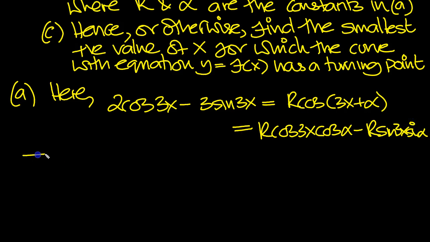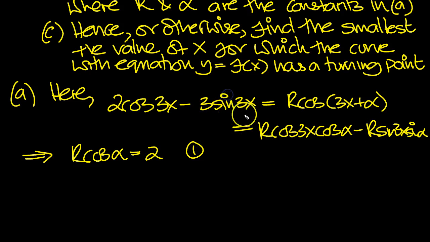So straight away we can read off the correspondences in cosine and sine. Here r cos alpha must equal the 2, and that's the first piece of information. The minuses tally up, so we're just left with r sine alpha equals 3, and that's equation 2.